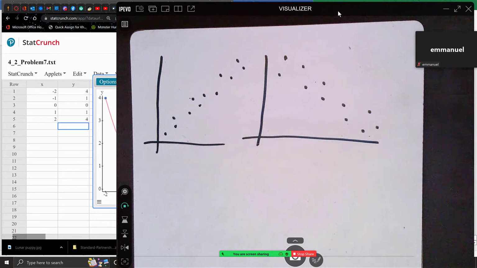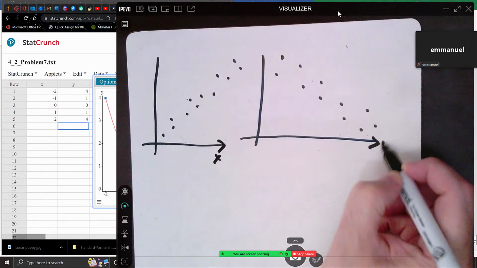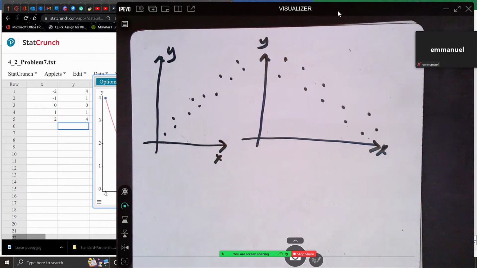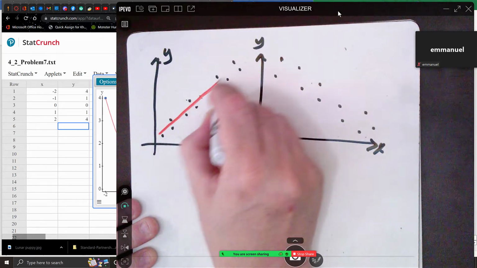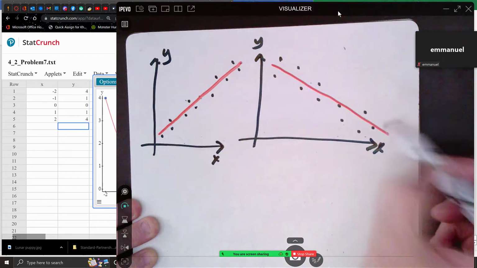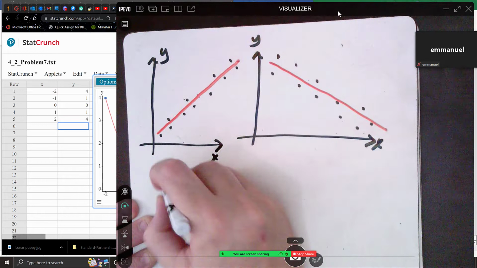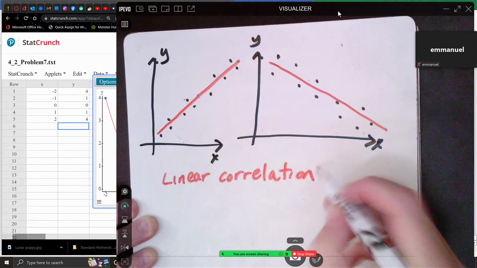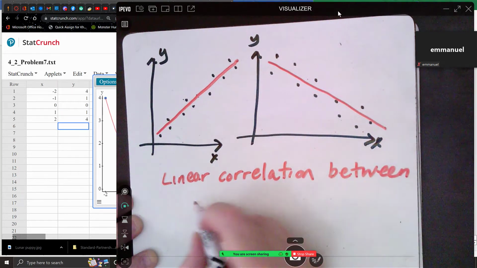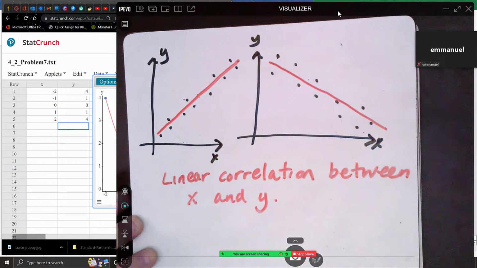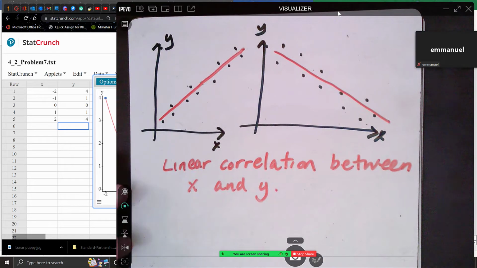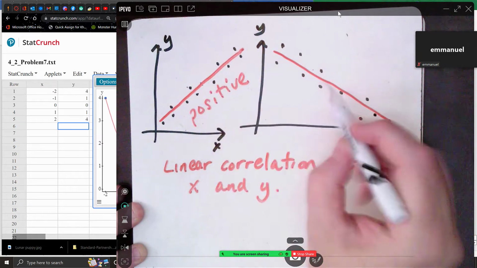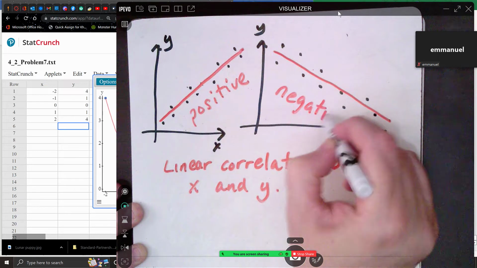And remember, this axis is X and this axis is Y. When we can make the dots look like a straight line, we call this linear correlation between X and Y. The one where it goes up as it goes from left to right is called positive linear correlation. And this one is called negative linear correlation.